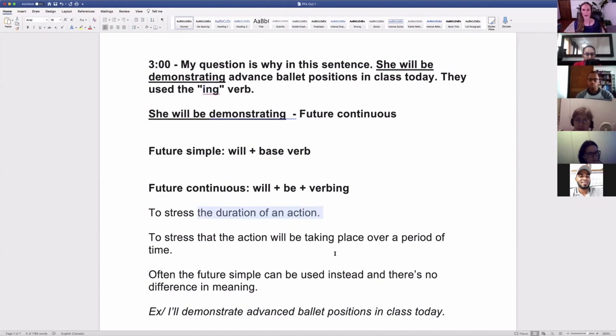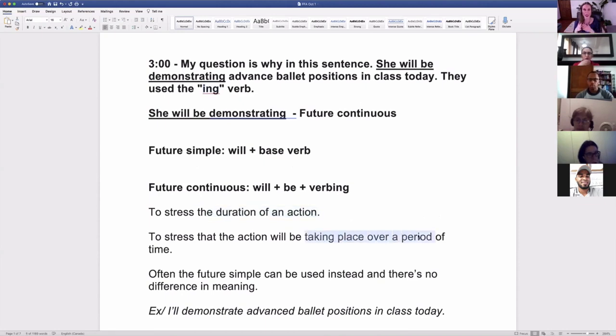So it has to be an action that's going to take place over a period of time. There's a start to that action, and there's some sort of duration, and then there's an end to that action. That's when we can use the future continuous verb tense. There has to be some sort of duration.